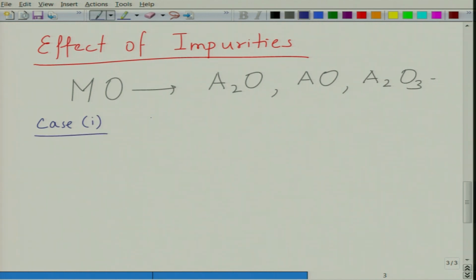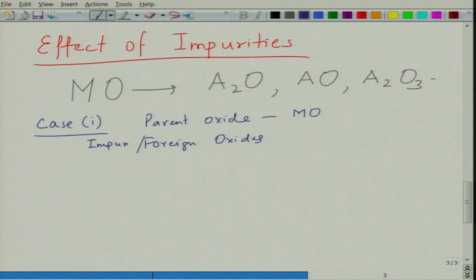in which the parent oxide is MO and the foreign oxide, or you can say impurity oxide, is A2O3. Okay. So, what are the possible scenarios? You can have various possible scenarios.